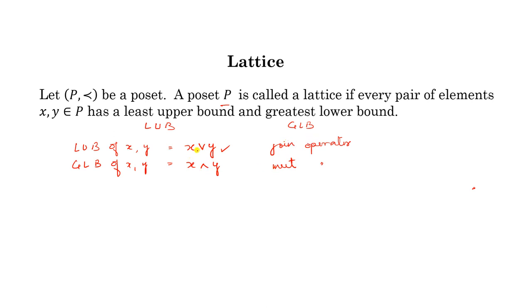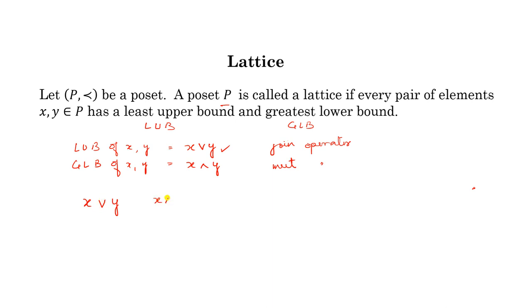Now many times we have some confusion about these two symbols. The easy way to remember is, whenever we are writing x or y, just check the open side of this symbol. Here it is open in the upward direction, so it means we are talking about upper bounds, and this is the least element of the upper bounds, so that's why we say least upper bound.